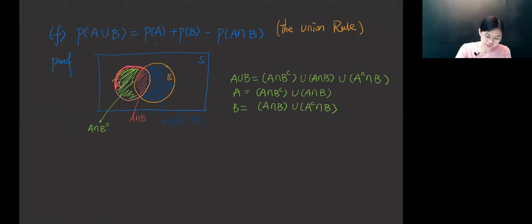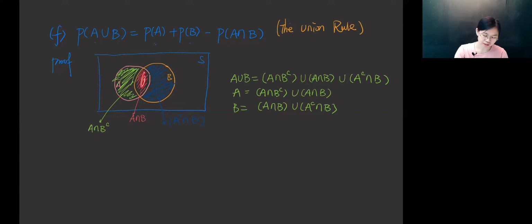A union B is this 8-shaped area formed by A and B. And this A union B is partitioned into 3 parts: this green shaded area that are in A but not in B, so that's A intersect B complement.